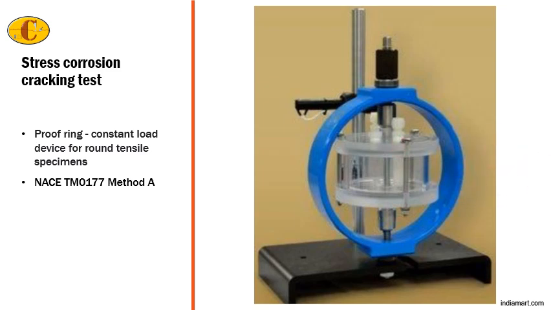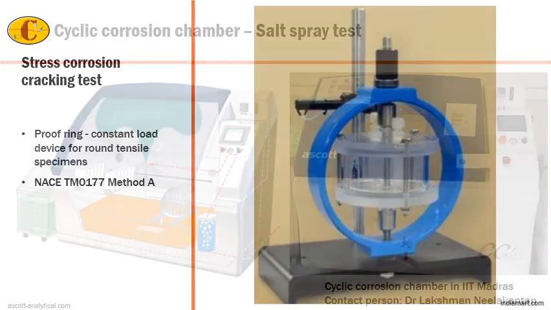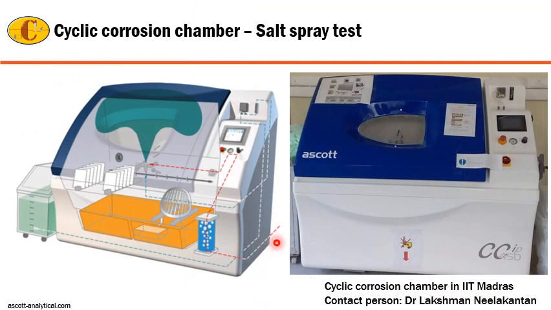So the next test type is the cyclic corrosion chamber. The cyclic corrosion chamber is a way to simulate the real environment. In the previous case, we saw that only a single electrolyte medium was used, so we don't really know how it is going to work.